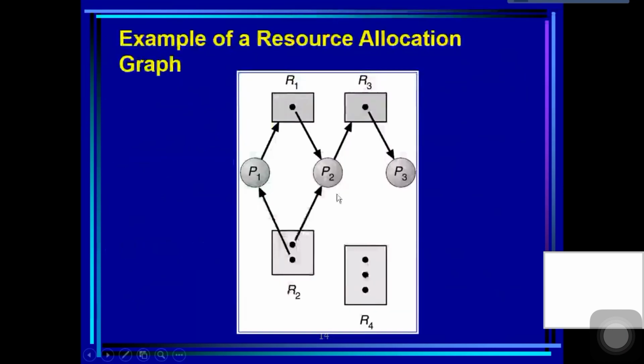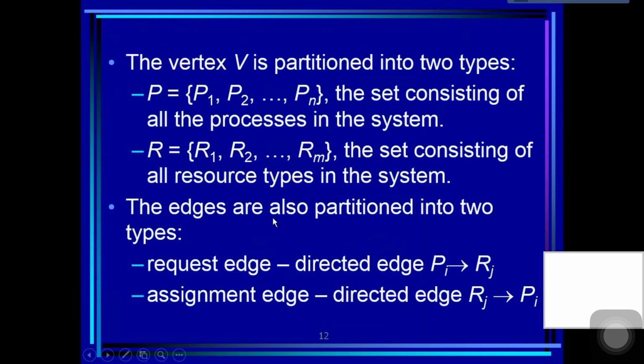So here you look at this resource allocation graph. The rectangles represent resources and the circles represent processes. Okay, so a directed edge from process Pi to resource type Rj is denoted by Pi to Rj.